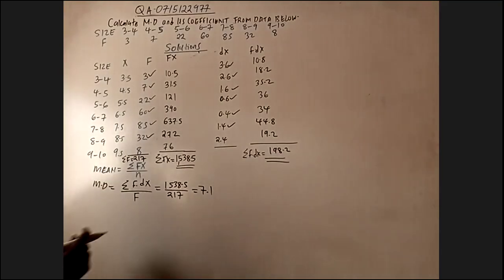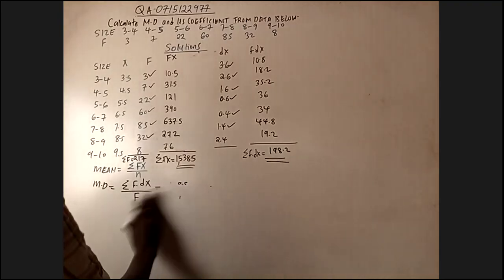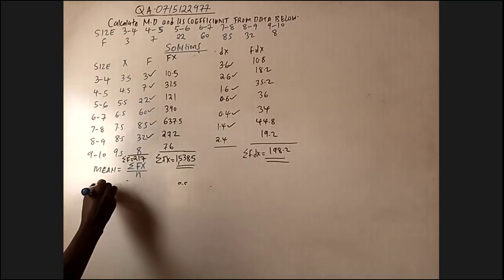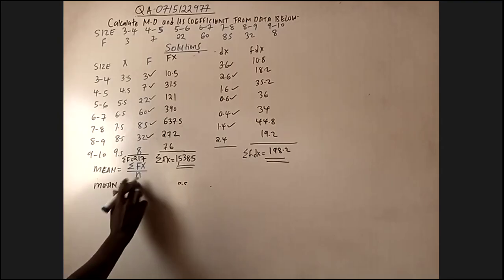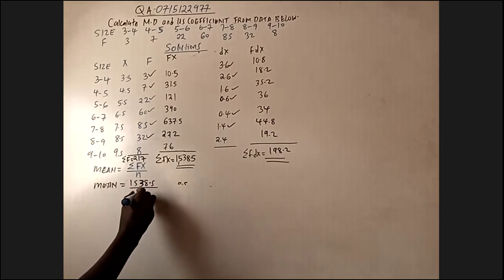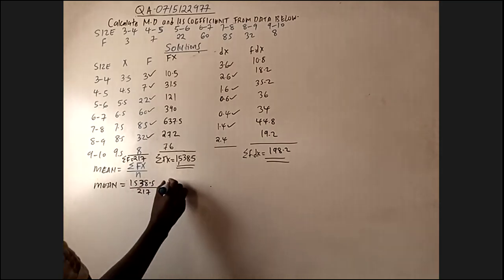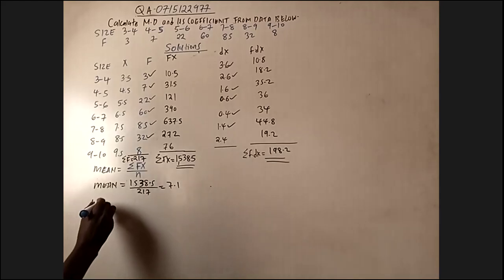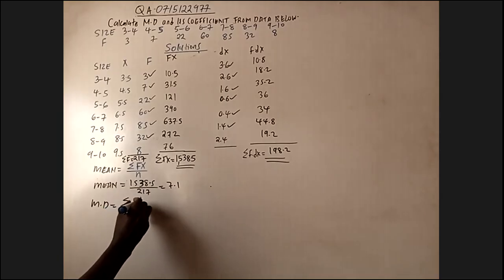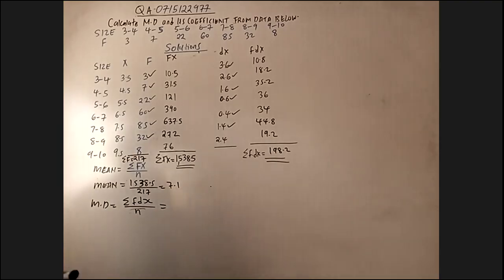This one was the mean: 1538.5 divided by 217, which is 7.1. So MD. Our MD is summation of f dx over n. But remember our n in this case is the total frequency because we have frequency.